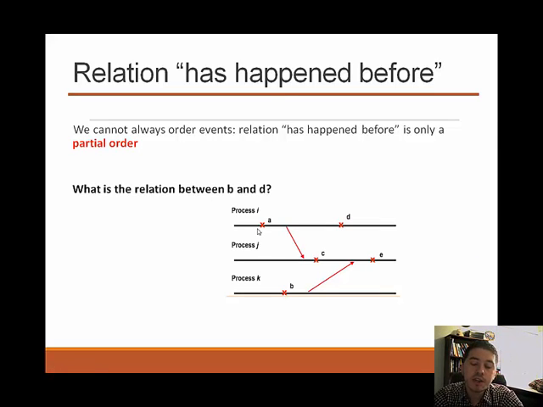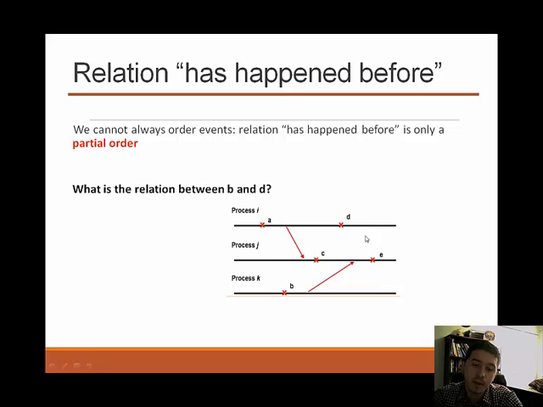Now, the relationship "happened before," as we have described it so far, cannot provide us a total ordering of events. It can provide us only with a partial ordering of events. For example, in the same example that I gave before, if we ask what is the relationship between B, which is this event right here, and D, we have no information according to the conditions that we have provided.